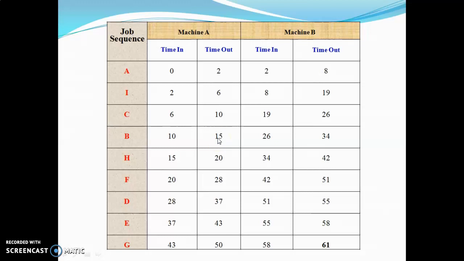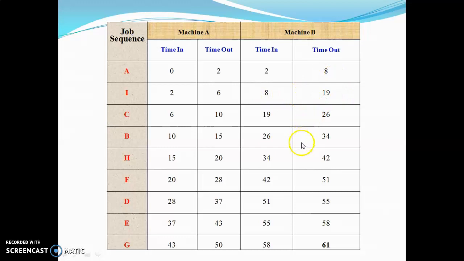So the same procedure we have taken as per the algorithm. So this is the first machine. Similarly in machine B, after completing task A, the next task will come to machine B. That first task is completed in 2 hours. Then next comes machine B 2, again 8, 19.